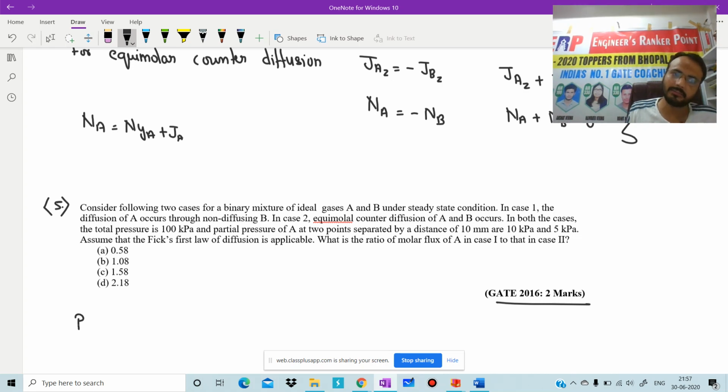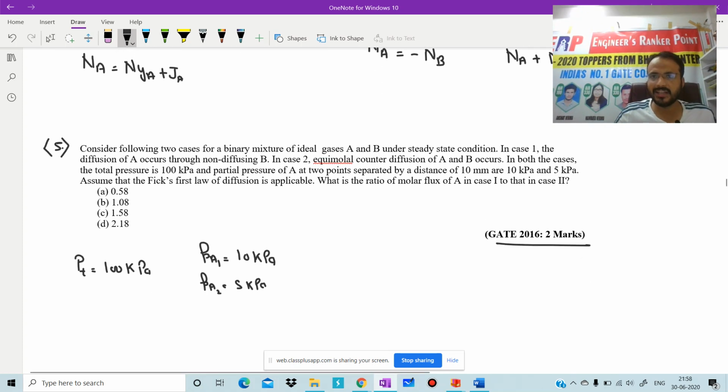Write down the data: PT is equal to 100 kilopascal in both the cases, and the partial pressure of A at different points, PA1 and PA2, should be equal to 10 kilopascal and 5 kilopascal respectively.